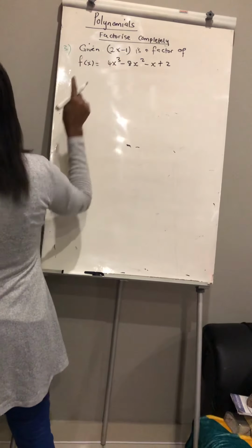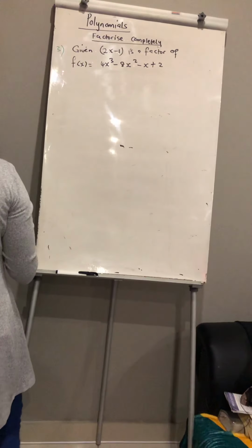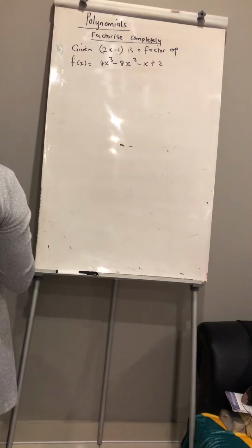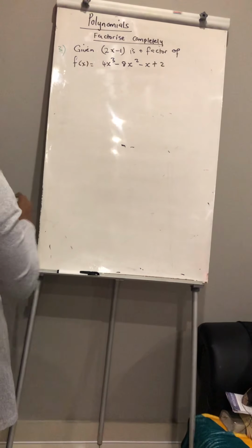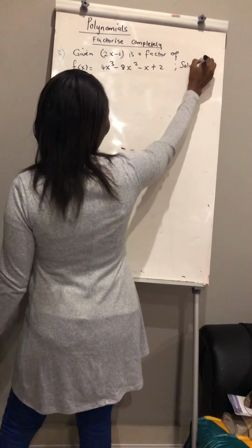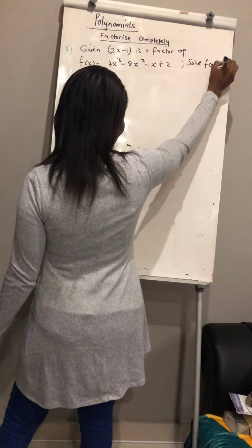So if you're told 2x minus 1 is a factor of 4x cubed minus 8x squared minus x plus 2, and then you are asked to solve for function of x is equal to 0.